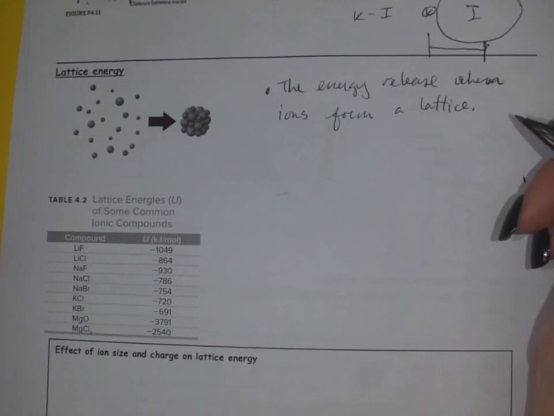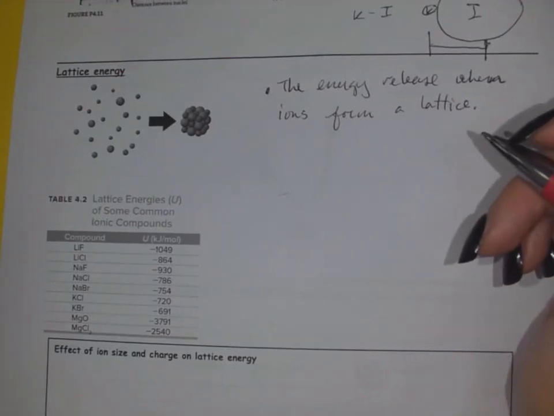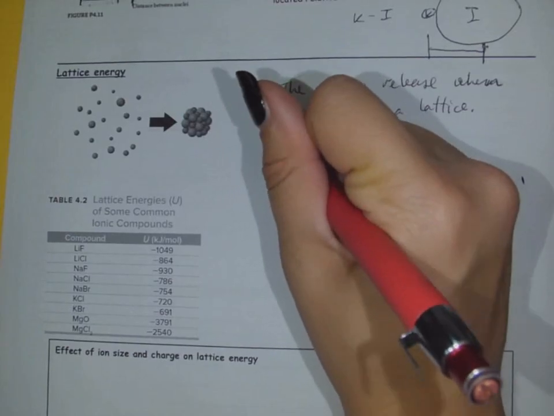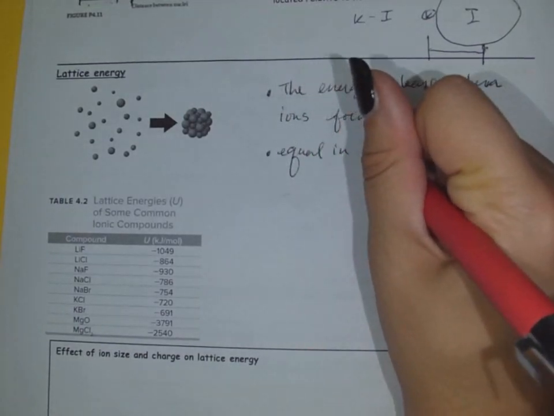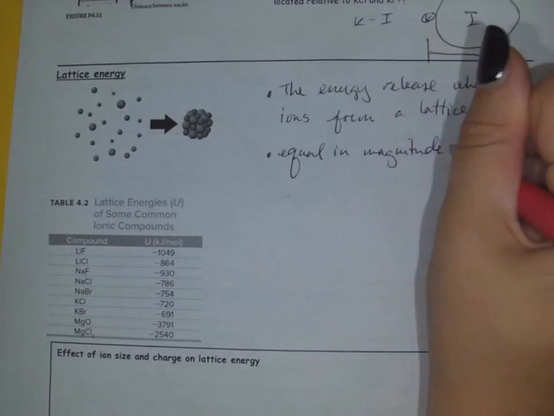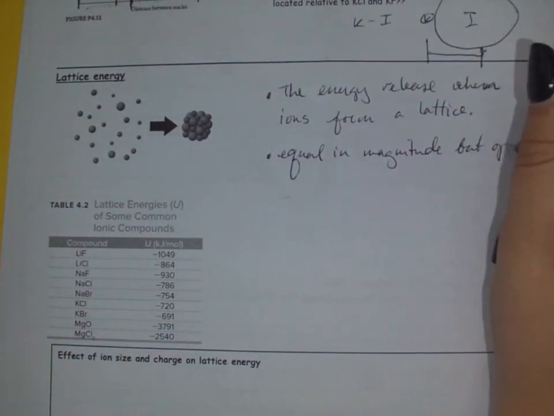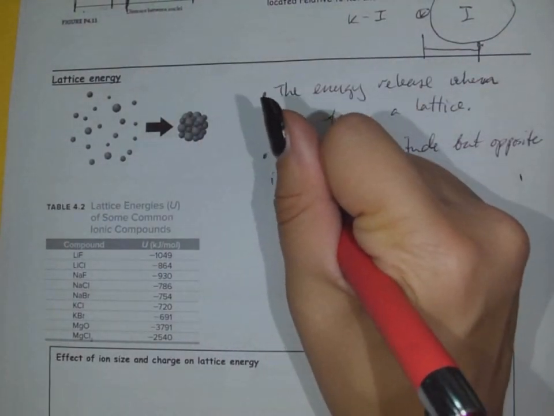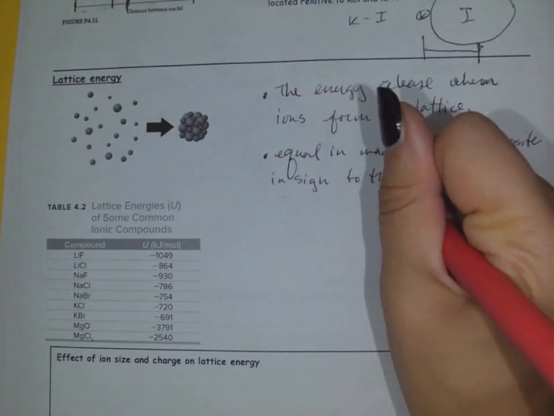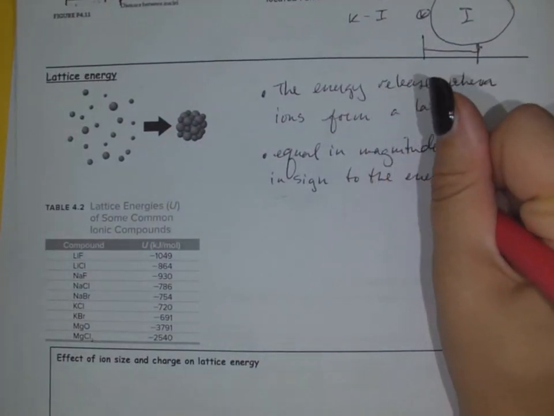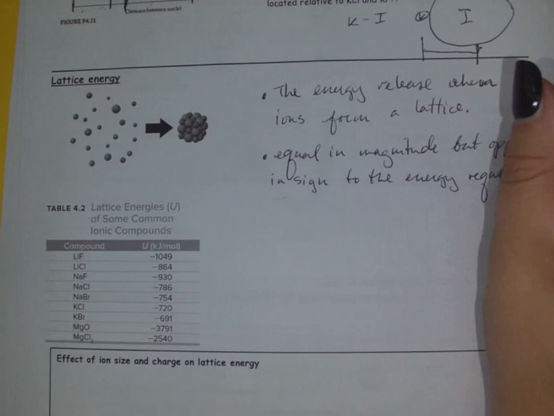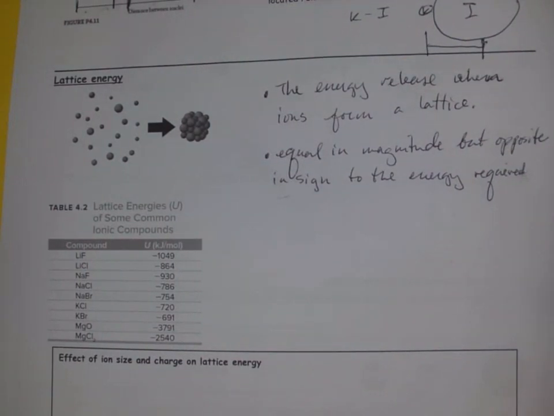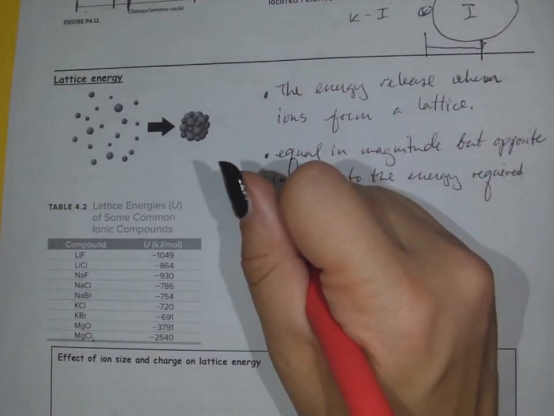And this lattice energy is going to be equal in magnitude but opposite in sign to the energy required to break apart the lattice.